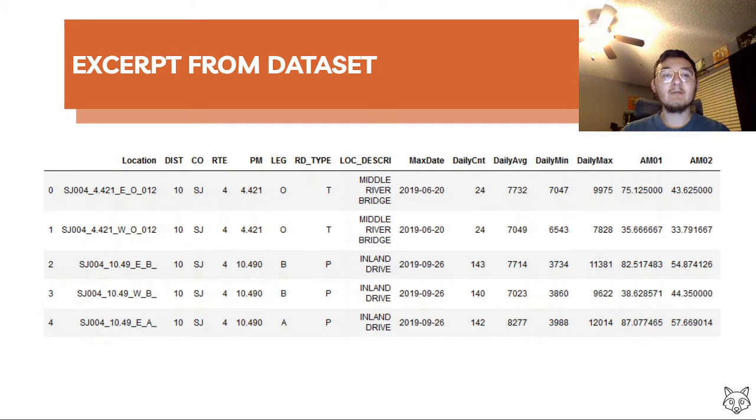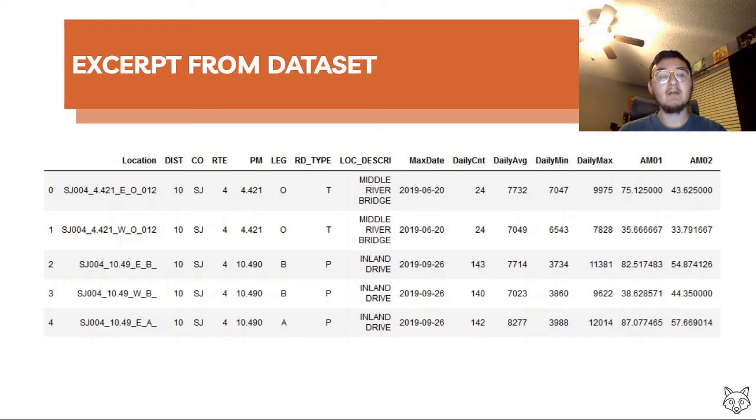So here we have an excerpt from our hourly traffic information dataset, which holds the district that this portion of the highway is, as well as the highway route. And then you can see the county.